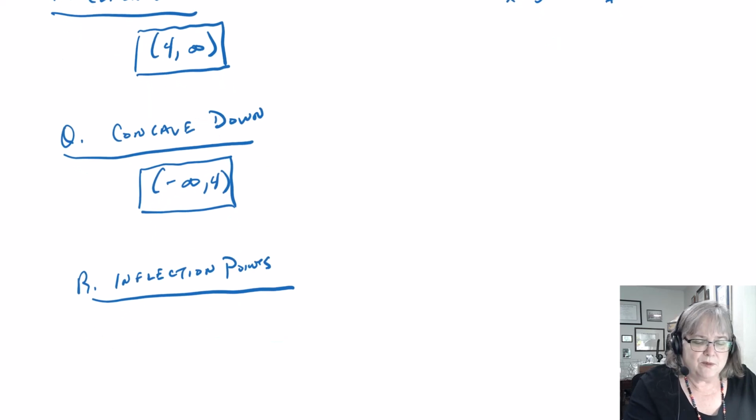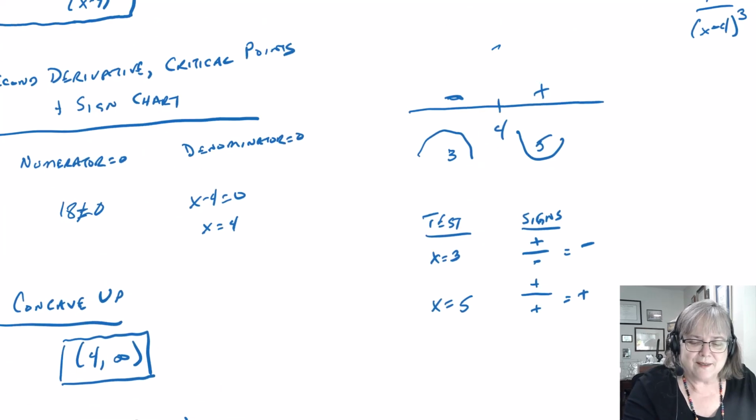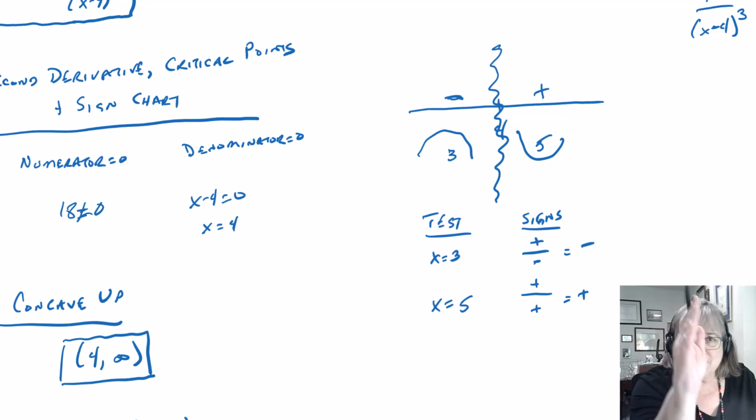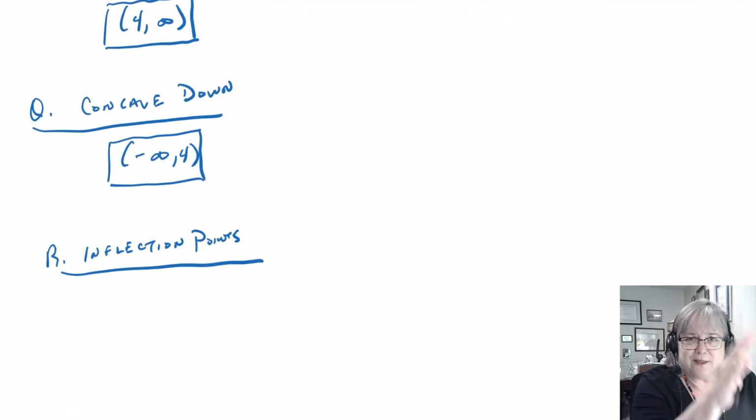Some students will try to tell me there's an inflection point at 4. But y'all, let's keep our minds on task. 4 is a vertical asymptote. It is an excluded number. There is a brick wall right there. There is not an inflection point there. It's just separated on either side the way it's curving. So this is none.